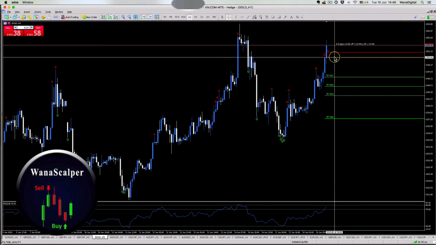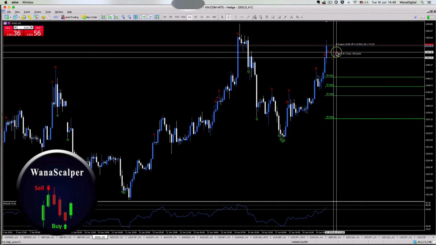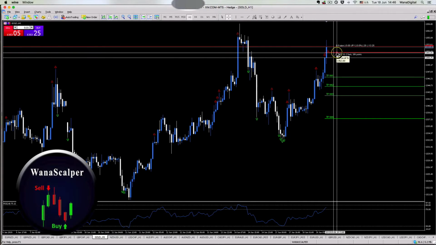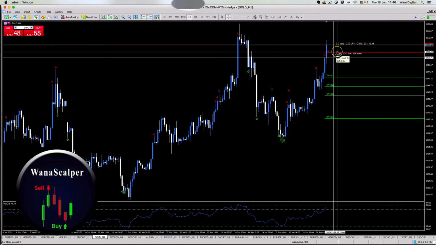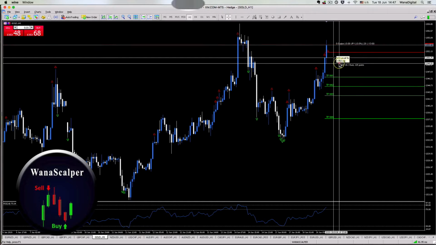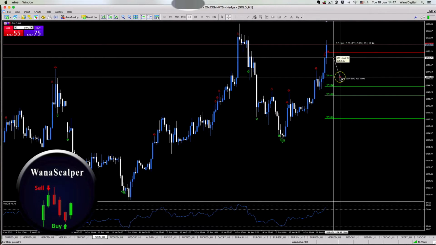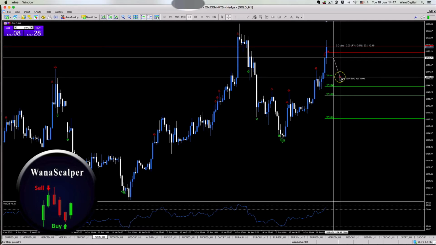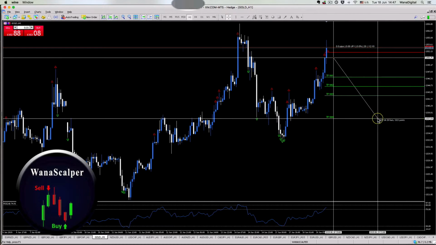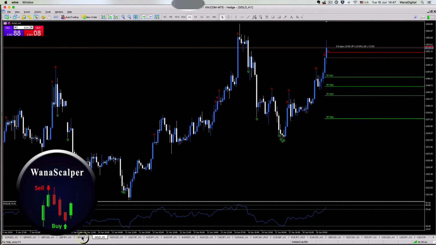So the trade setups will vary from trade to trade. They will not be the same, and also the stop loss levels and the take profit levels will not be fixed for each signal. As you will see, sometimes the stop loss and the take profit levels will be wider, sometimes they will be tighter, and all this is done automatically by the system.